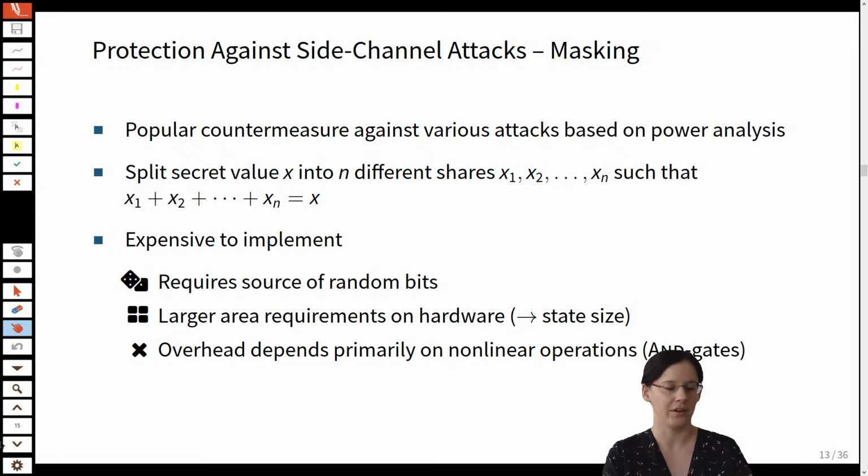You also have a certain area overhead because you duplicate each of the bits, so of course you also duplicate your area requirements. And how much this duplication takes place, or how much the overhead is, depends in particular on the number of nonlinear operations you have in your cipher.